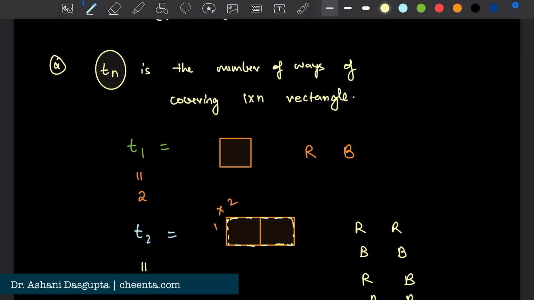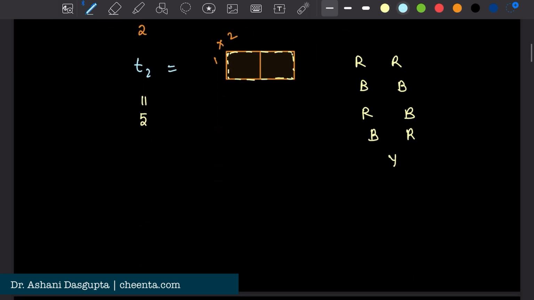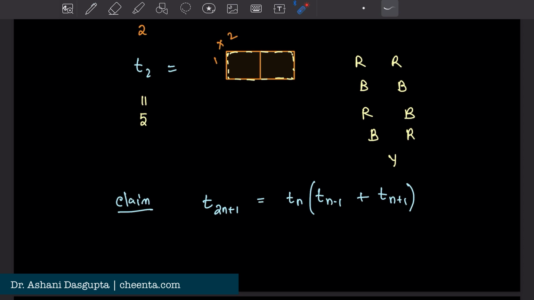With this definition in mind, our claim is that T2n+1 equals Tn times Tn-1 plus Tn+1. So the number of ways of covering a 1 cross 2n+1 rectangle is expressed in terms of the number of ways of covering 1 cross n rectangles, 1 cross n-1 rectangles, and 1 cross n+1 rectangles.